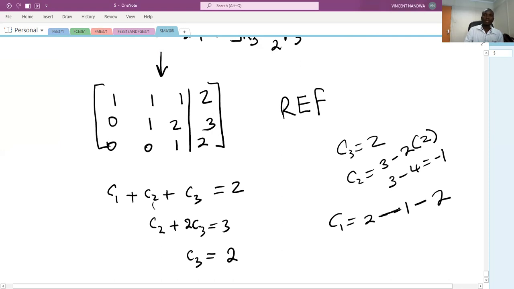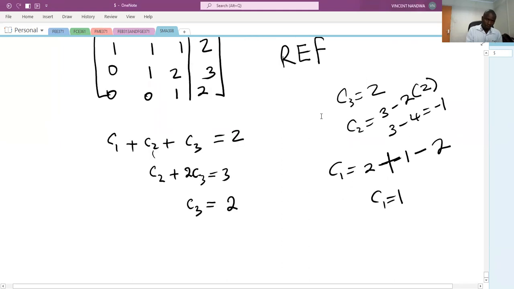So this is like plus. So 2 plus 1 minus 2 is 1. So therefore, C1 is 1, C2 is negative 1, and C3 is 2.